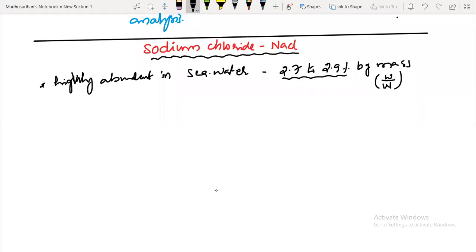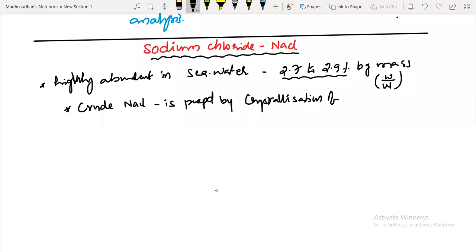Here, crude sodium chloride is generally prepared by crystallization of brine solution.